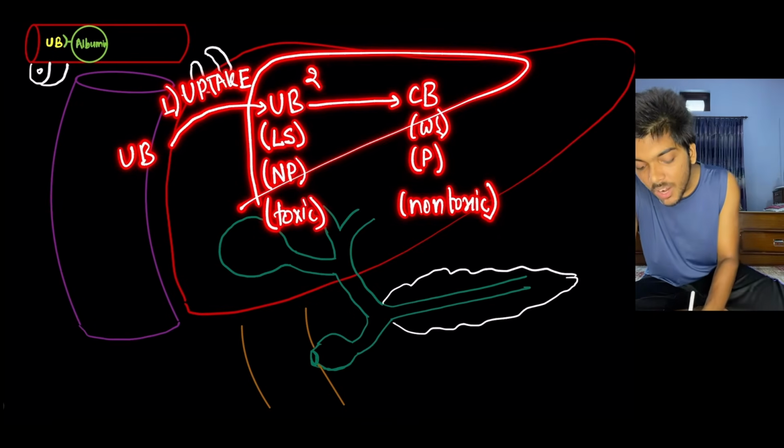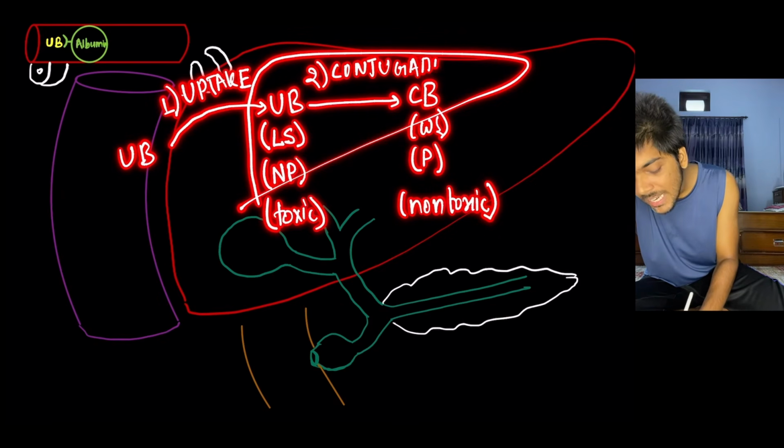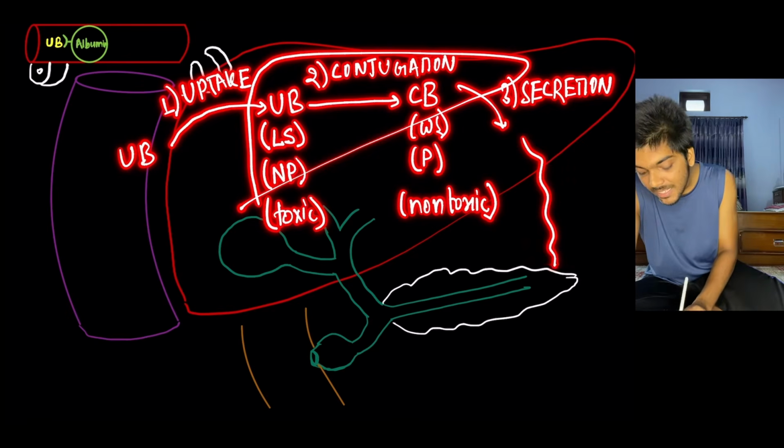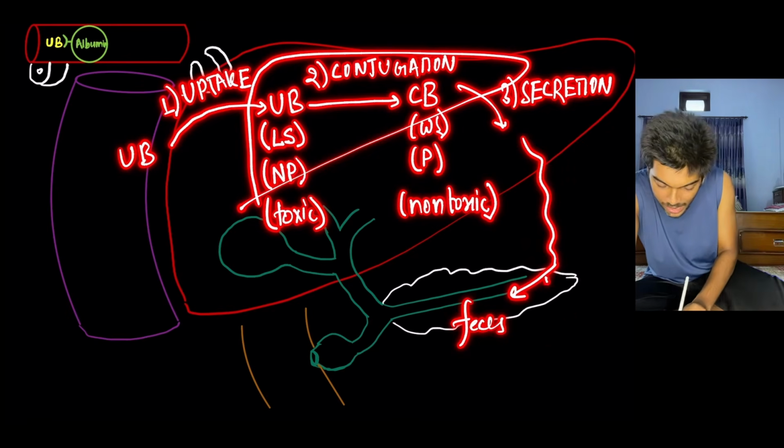The process is called conjugation, and finally it is excreted. It is secreted into the body, and then it can get excreted through feces and urine.